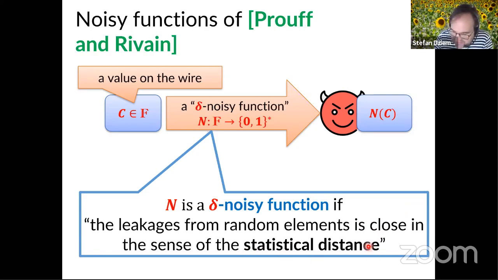Statistical distance is a very standard notion in cryptography. I don't have time to define it, but it is a distance that measures how far random variables are from each other. They just say that a function is delta noisy if, when you take two random elements, their leakage is close in terms of this distance.